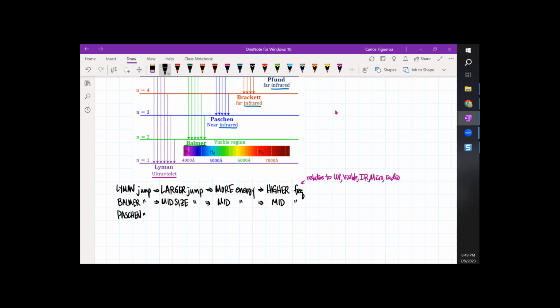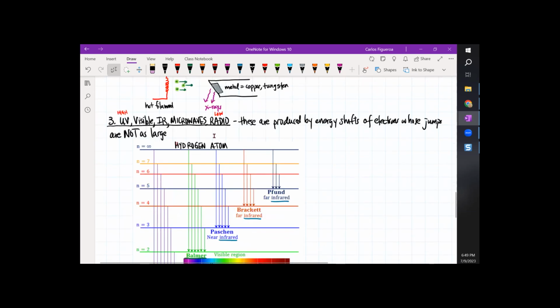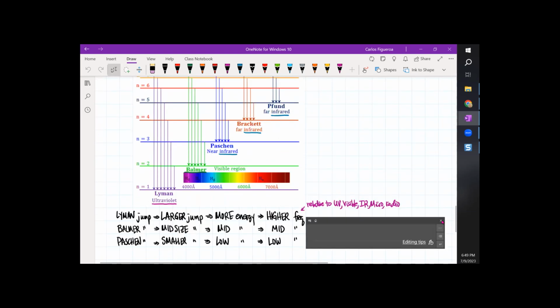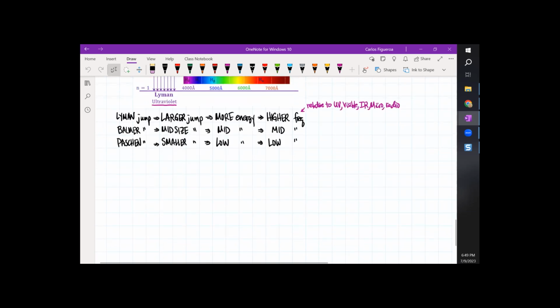I could have picked Brackett, but it's the same thing here. And then you could see here that this is a smaller jump. So therefore, this has low energy, and as a consequence, it has a low frequency. By the way, I could do this with microwaves and I can do this with infrared. But now what I want to do is talk about each of these individually, because there's so much interesting stuff. Okay, there's a lot of stuff here.